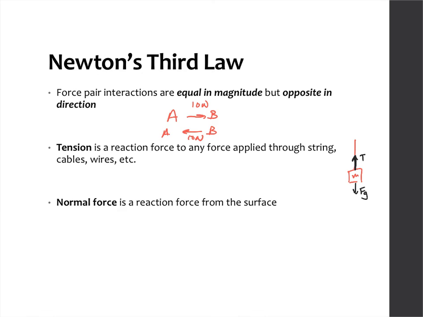And then you have the normal force, and that's for objects resting on surfaces. So the weight, again, is pushing down on the surface, but in response, the surface is going to push back up with a force to help stabilize the object on the surface, equal in magnitude but opposite in direction.